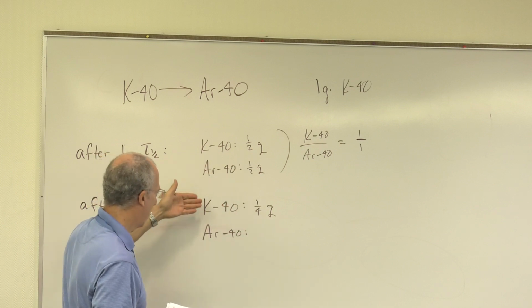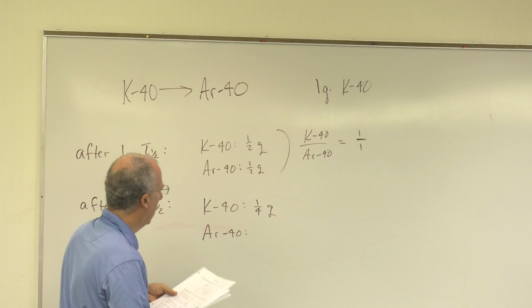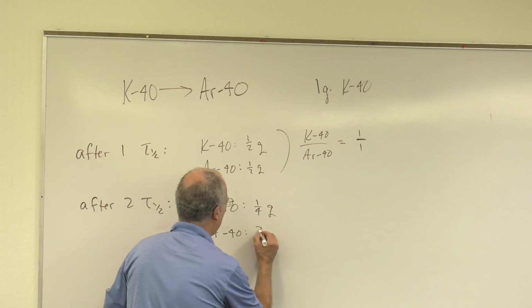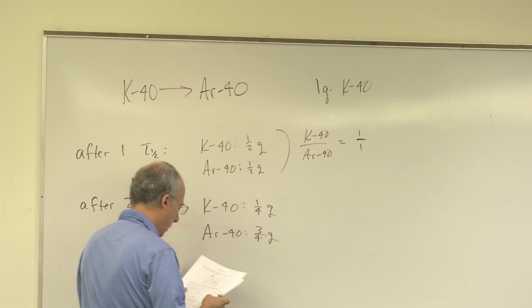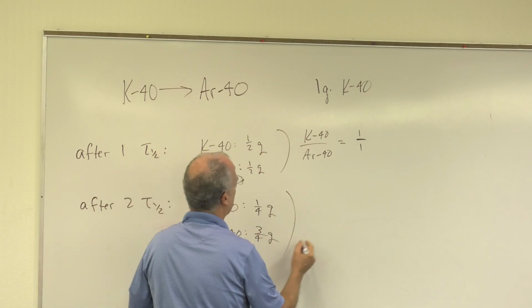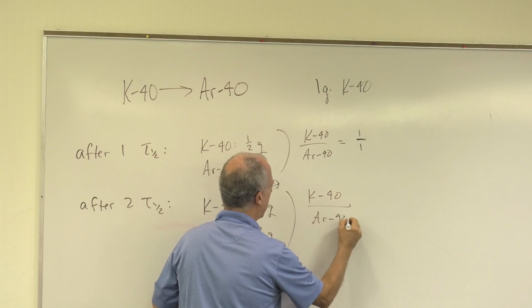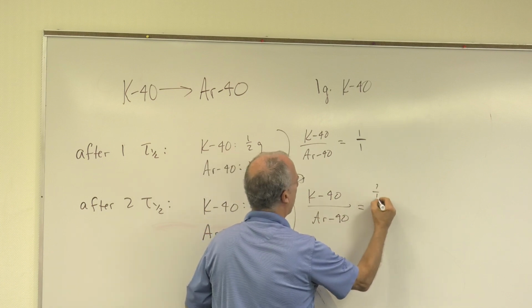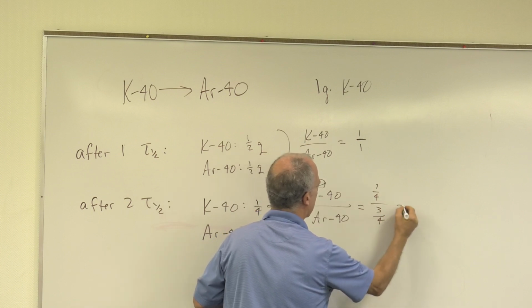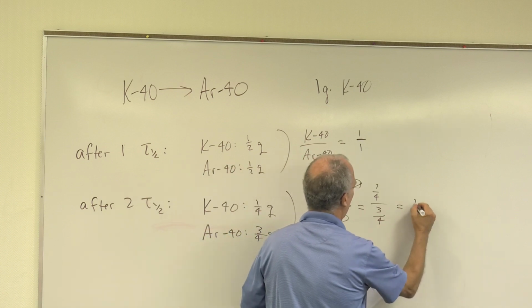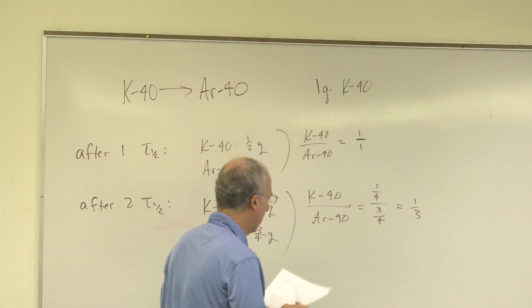Because the potassium decayed into argon. So 1/2 plus 1/4 is 3/4. So we have 3/4 of a gram. And what's the ratio? The ratio K40 to argon-40 is 1/4 over 3/4. And what's that? It's a third, right? A third.